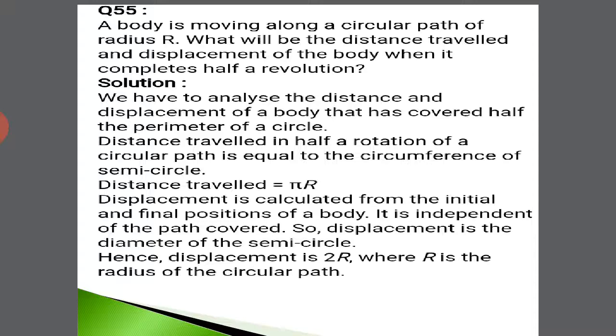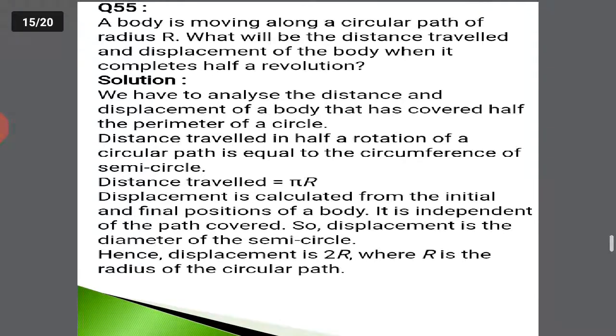The distance traveled is equal to pi r. The displacement is calculated from the initial and the final position of the body. It is independent of the path covered, so the displacement is the diameter of the semicircle, hence displacement is 2r, where r is the radius of the circular path.